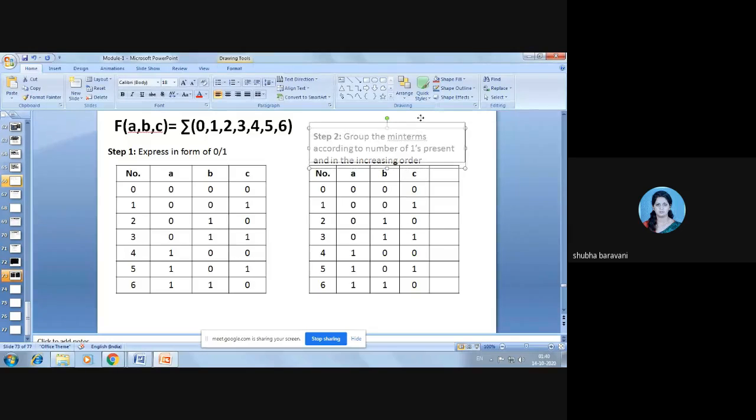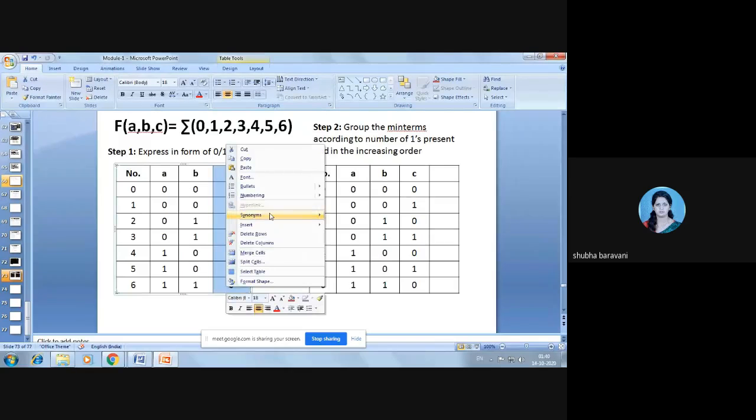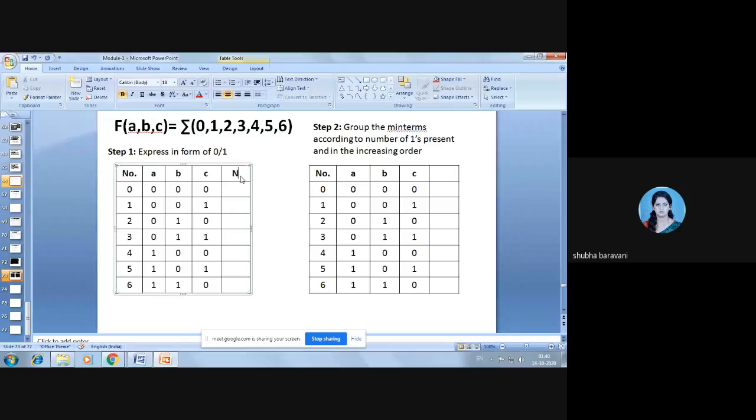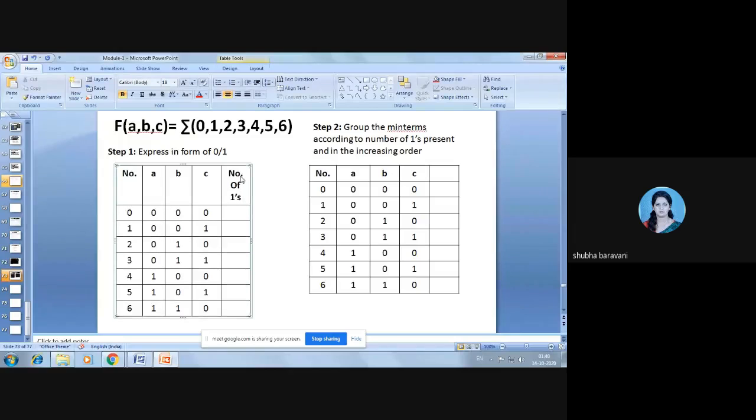Step 2 means, see, 0 has how many ones? 0 number of ones, right? I'll add a column here for your convenience: number of ones. In 0, there are 0 ones. In 1, there is 1.